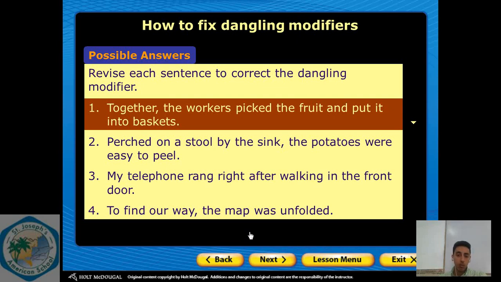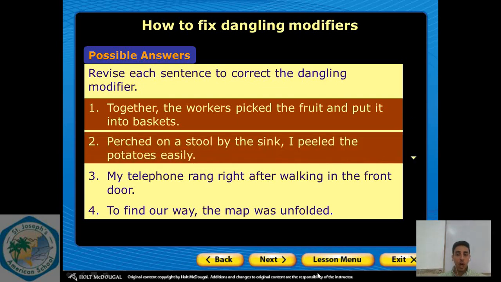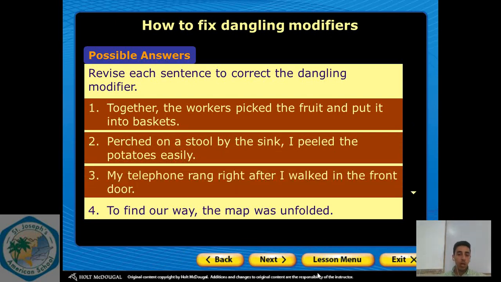Perched on a stool by the sink, the potatoes were easy to peel. So who perched on a stool by the sink? Must be a person doing this. Your mother, maybe your father if he cooks, but it's definitely not the potatoes. I peel the potatoes easily.